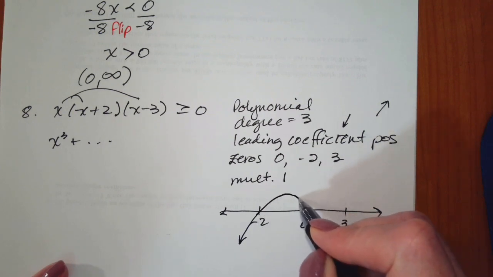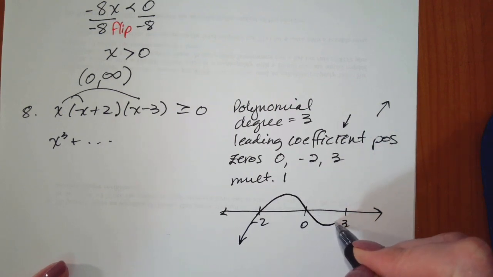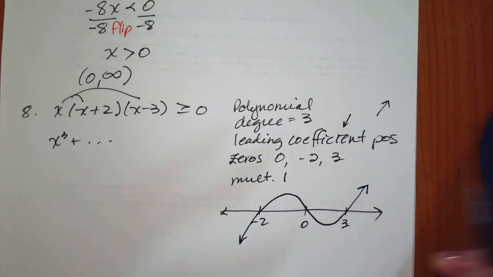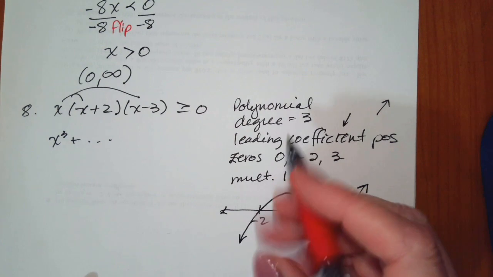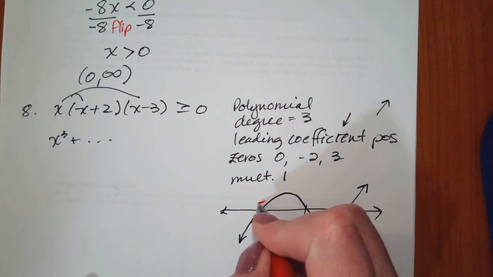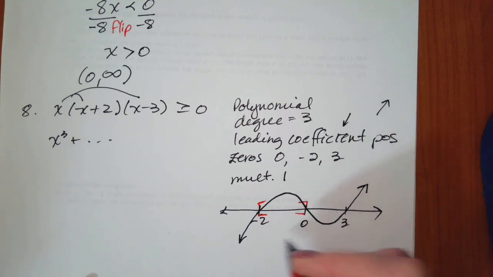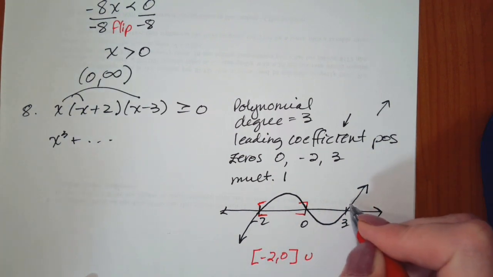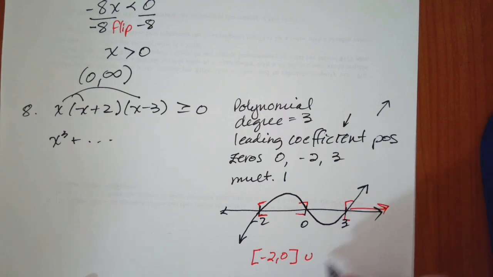It goes on through. It comes back down. And it goes on through. So if I want to find where this is greater than or equal to 0, then it's where it's above the axis. So it would be from negative 2 to 0, and from 3 to infinity.